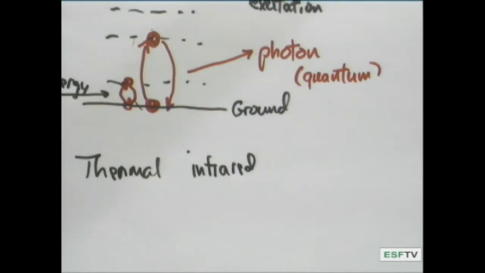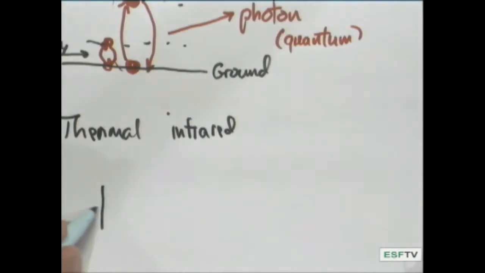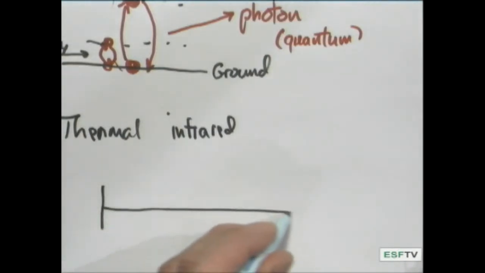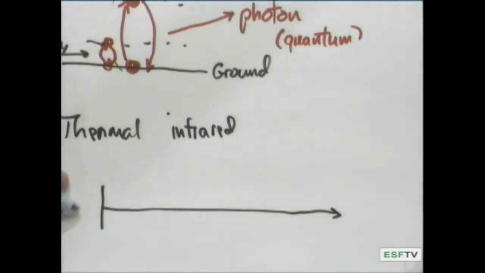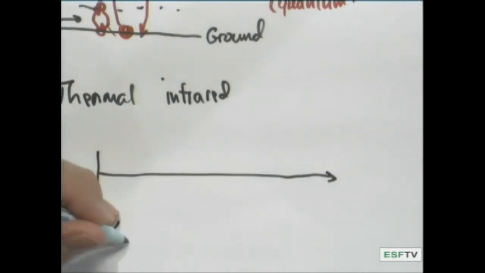Now, this thermal radiation, as you would expect, is dependent upon temperature. And of course, if you look at temperature scales, there are various kinds of temperature scales out there. The one that is important for us is the thermodynamic temperature scale, in which temperature is measured in so-called kelvins.